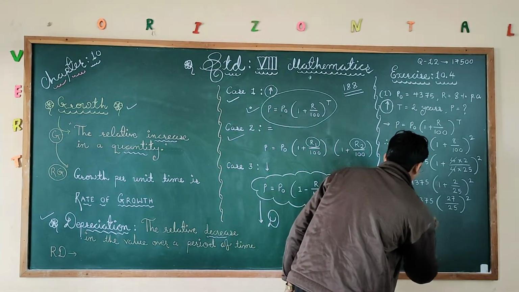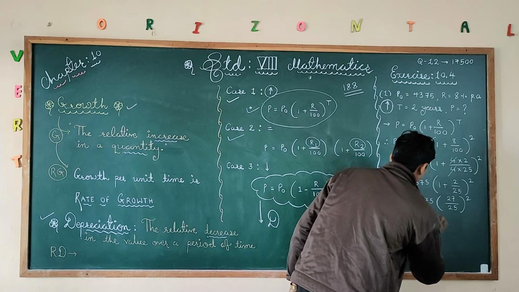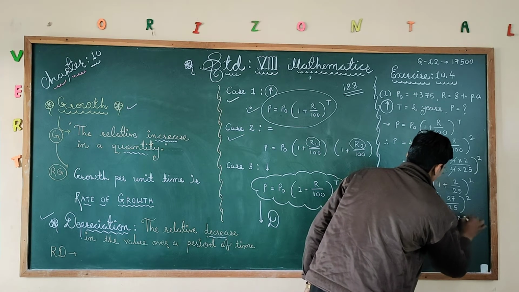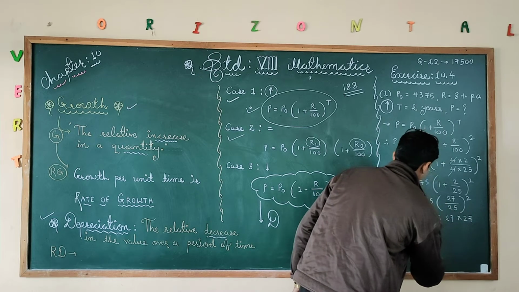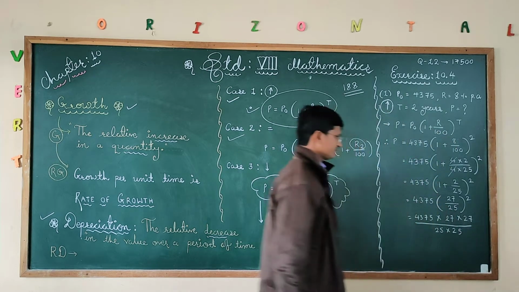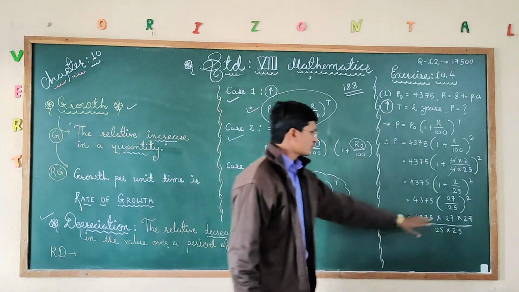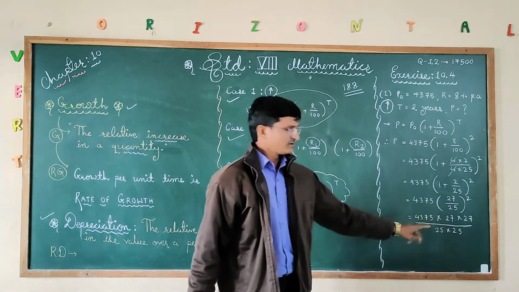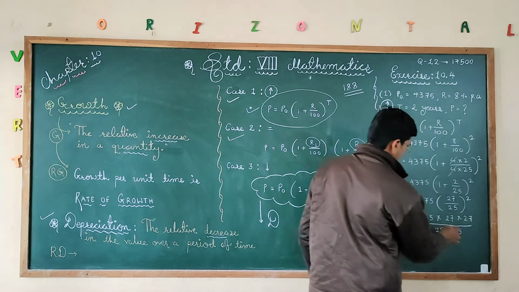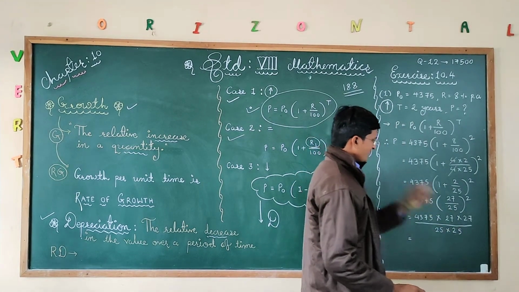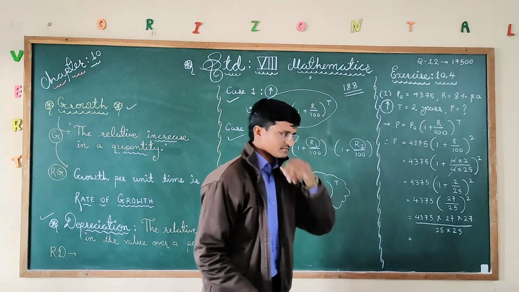So the next step is 27 twice divided by 25 twice. Now we'll try to make it as simple as possible. Here 25 into 25, we are not touching.